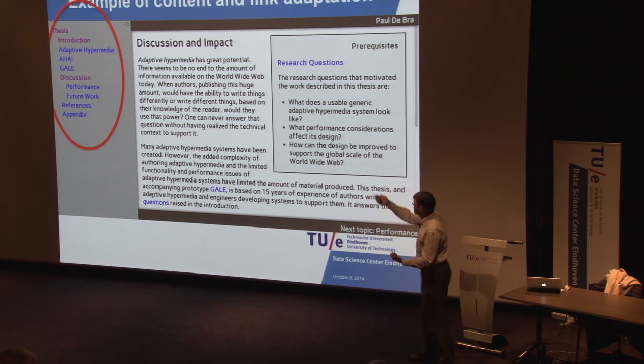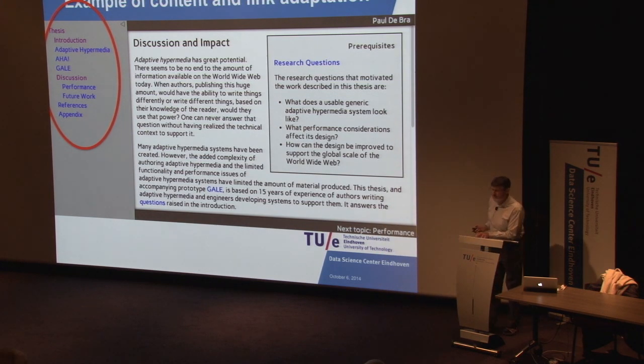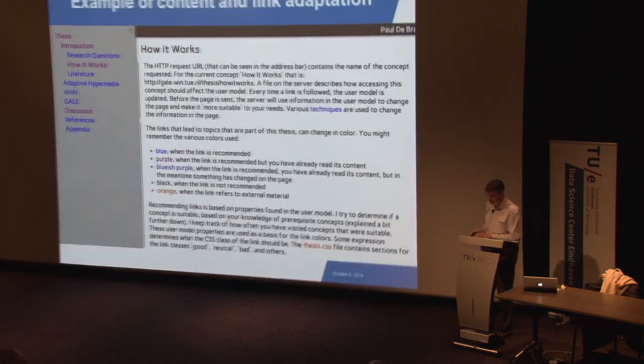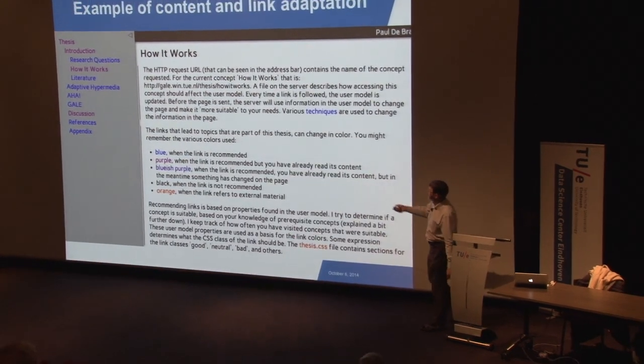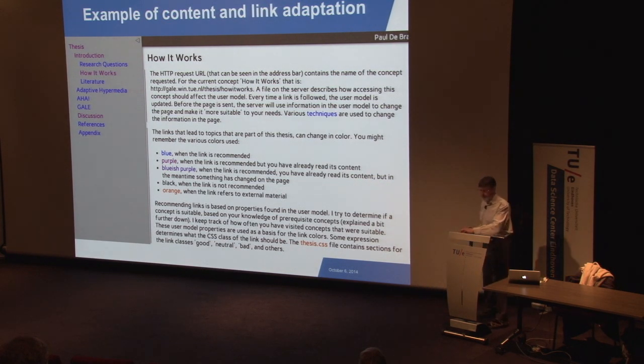So in fact, what happens here is the links are shown in blue or purple, depending on whether the user model says you visited them or not. And we can, of course, do adaptation using many more colors. In fact, in the thesis, blue, purple, a darker purple, black and orange, all these link colors are used for different purposes.